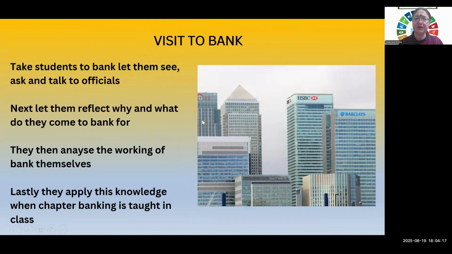For example, we can give them a topic of stock market. So how they can do the research and see how the share prices are rising and falling. And then from their examples, from their research, you can make them understand the meaning and the trends in the stock market.